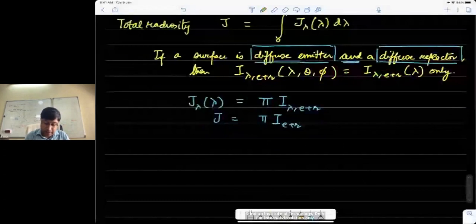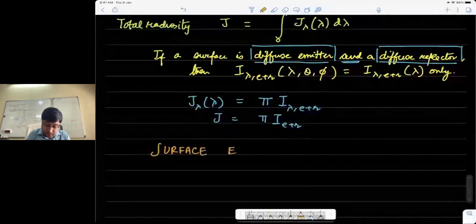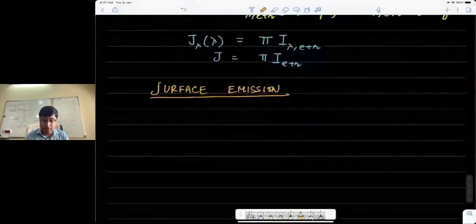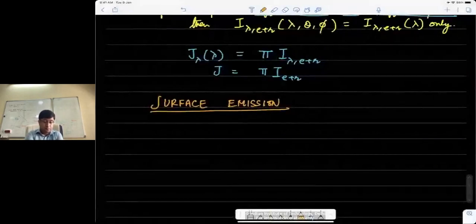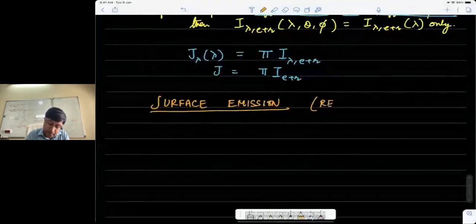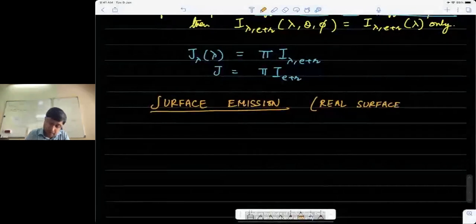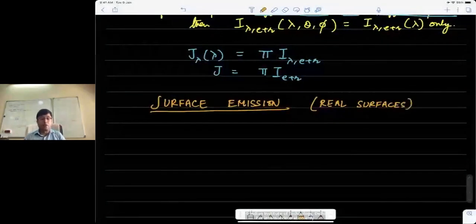So I'm going to look at surface emission, at emission from a real surface. But we will define real surfaces in terms of an ideal surface.